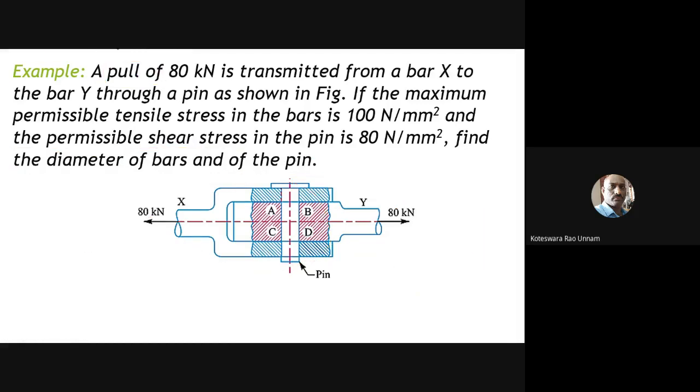A pull of 80 kilonewtons is transmitted from bar X to bar Y. He has given bar X and bar Y also. This is the bar X, which is sectioned here, and the blue color sectioning corresponds to bar X. Then bar Y is sectioned in pink or red color, so this section corresponds to bar Y. We already studied these things in our CMDP course, how we section different materials.